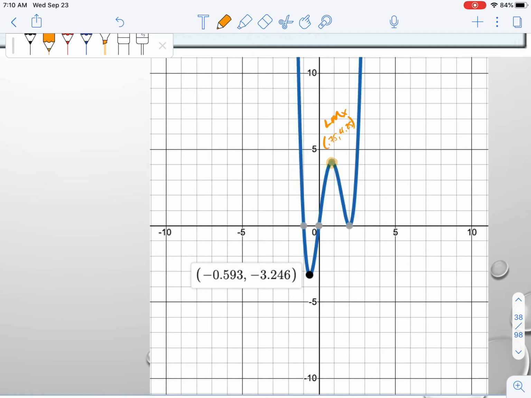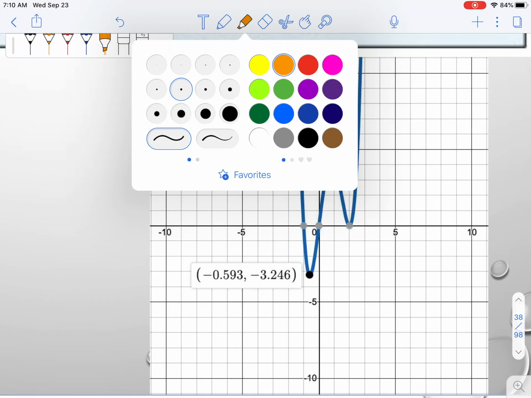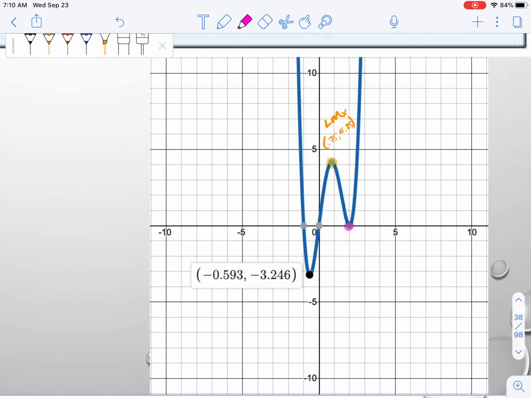Okay? I have a local minimum. Switch to a different color here. I'm going to have a local minimum at this point here, which is 2, 0, because everything to the left and to the right of it, this is the lowest point. Thus, it's a local minimum.